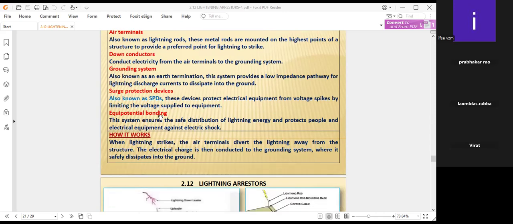Equipotential bonding is also important. As we discussed yesterday about the grounding system, that is earthing and bonding.